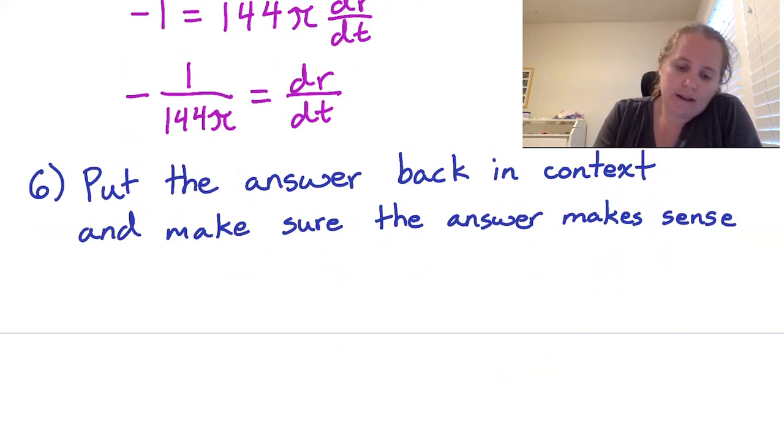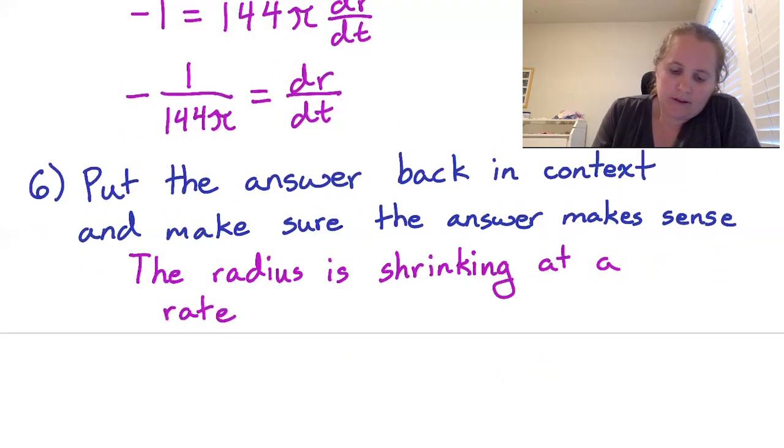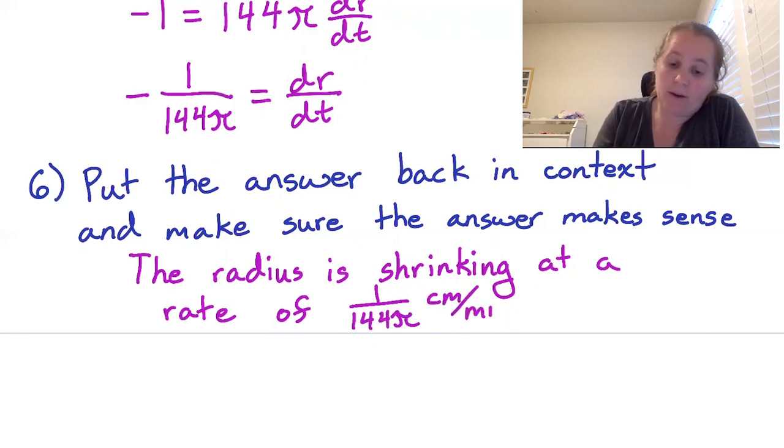So what we get is the radius is shrinking at a rate of 1/(144 pi) centimeters per minute, sorry, per hour.